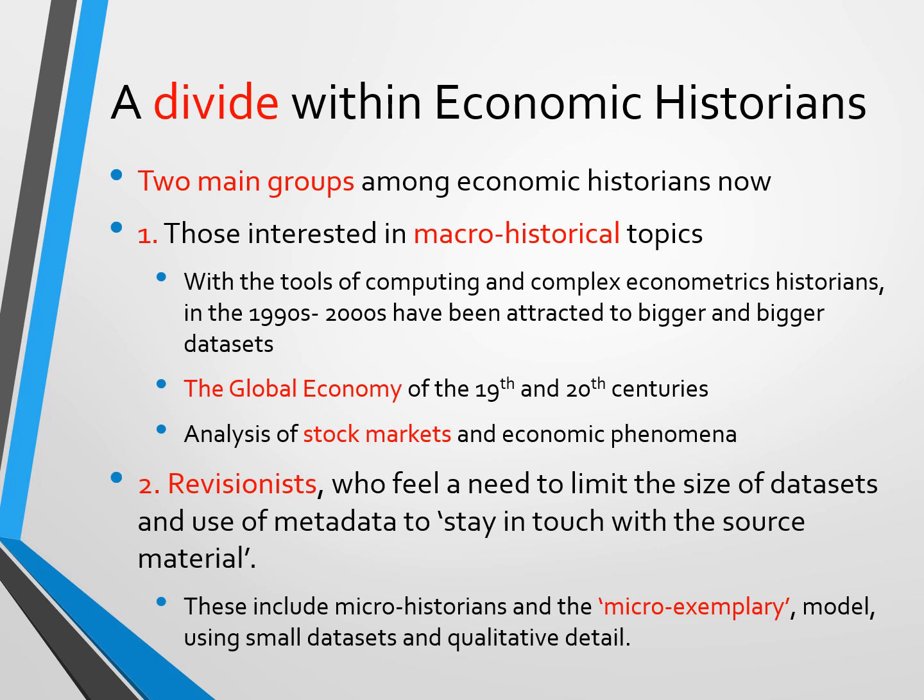And these include microhistorians using the so-called micro-exemplary model, where they use small data sets and qualitative detail to do really intense and very, very specific studies of, say, one neighborhood in a town, one small village, one small group of companies, one narrow sector of farming in a specific region.